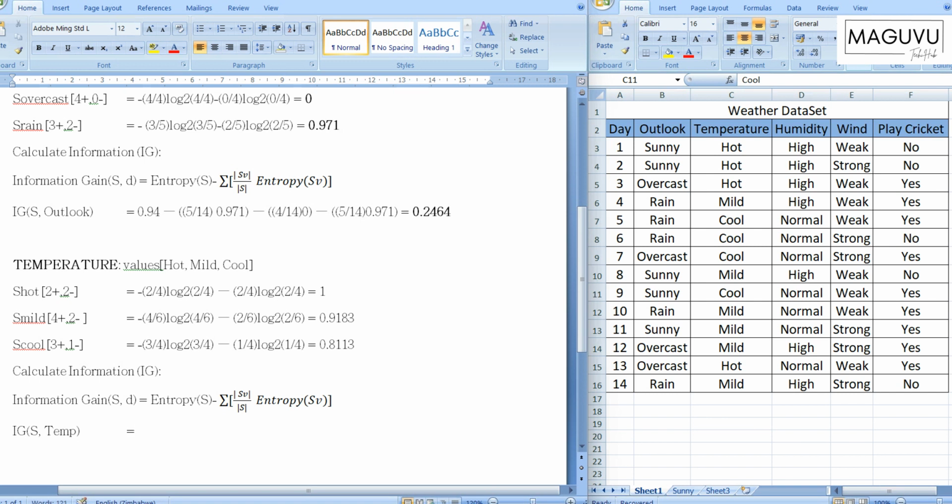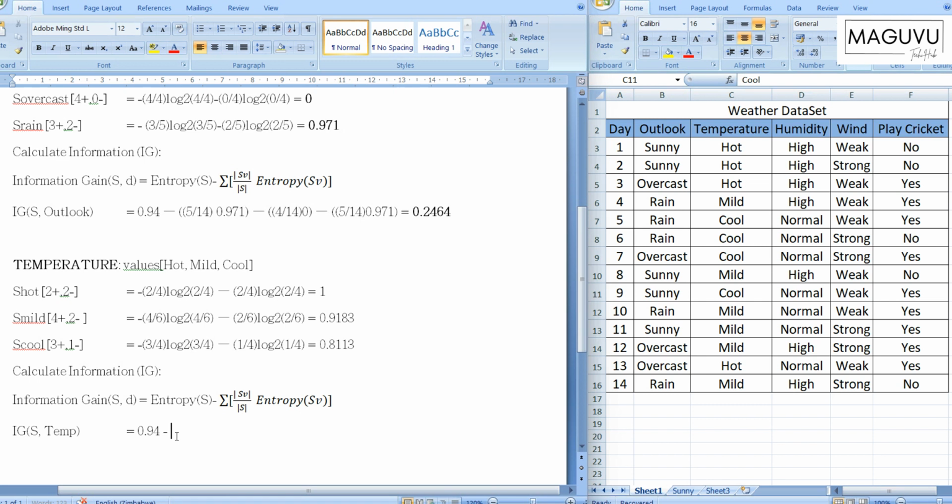What do we have? It gives us 0.94, which is the entropy of the whole data set, less the value that we get from all these 3 values there.